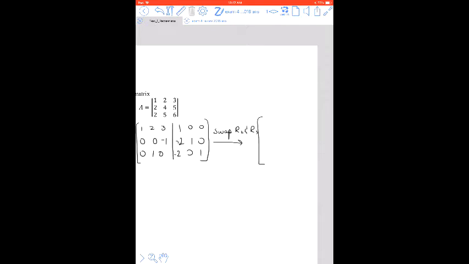So this isn't affecting row 1, so I'm going to keep row 1 the same. And then the bottom row now is going to become my middle row. And then the middle row became the bottom row.